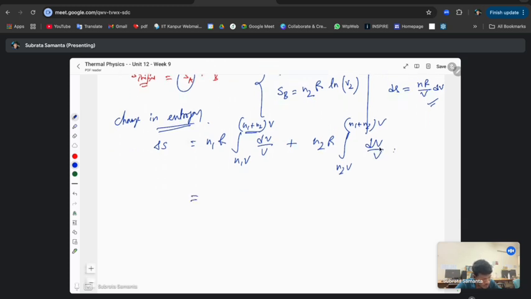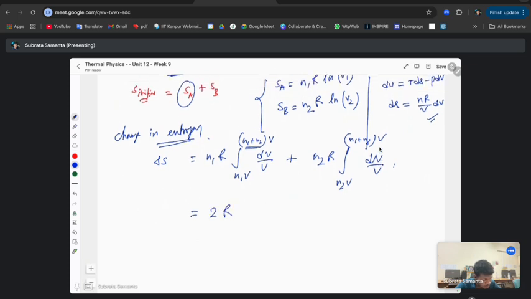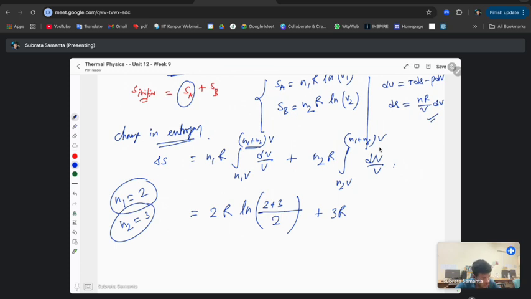So your N1 is 2 mole, so 2R ln of 2 plus 3 over 2, plus in this case 3R, because N1 is 2, this is O2 gas, and N2 is 3, this is H2 gas, 3 mole, and this is 3R ln of 2 plus 3 over 3.